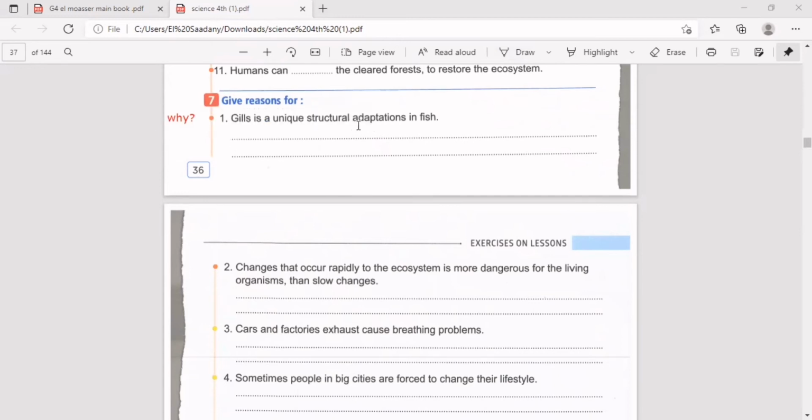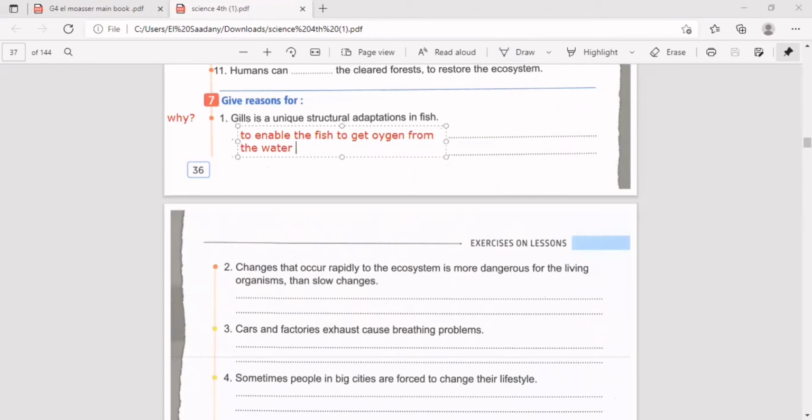Gills are a unique structural adaptation in the fish. The fish have something unique in their structure, it's called the gills. So give reason why. Why do they have the gills? This answer will start with to enable the fish to get oxygen from the water.